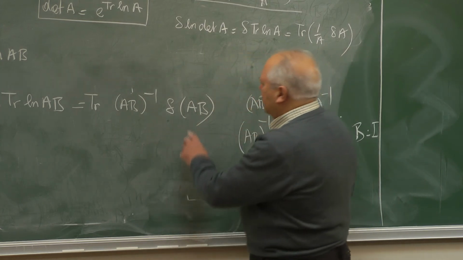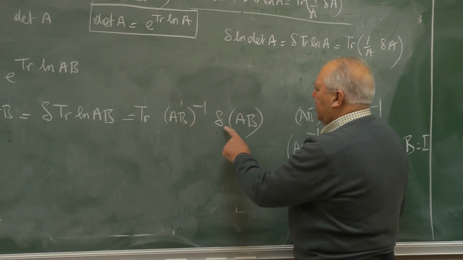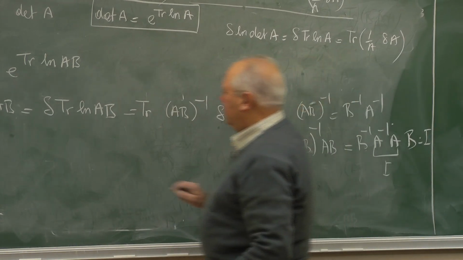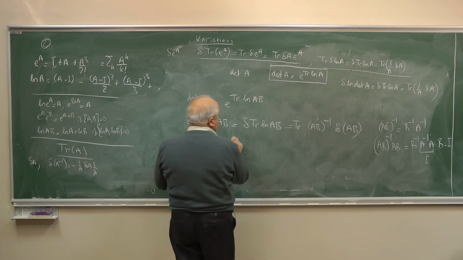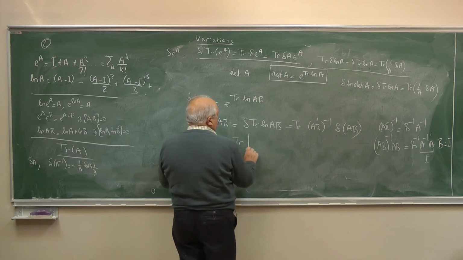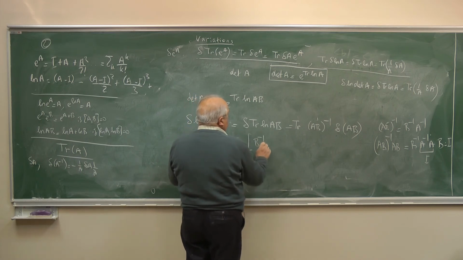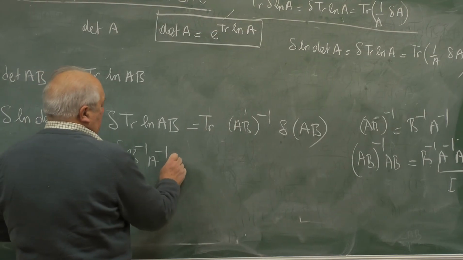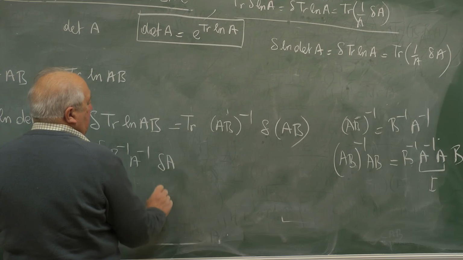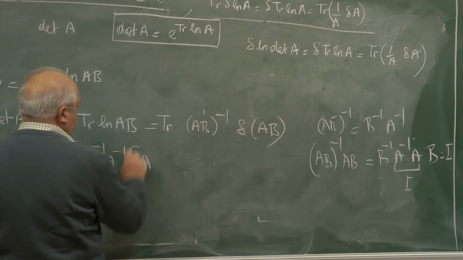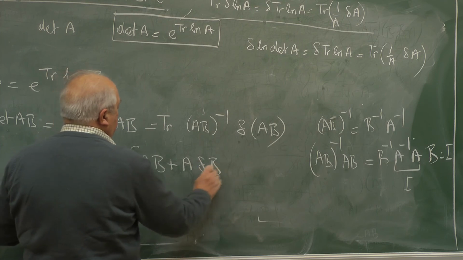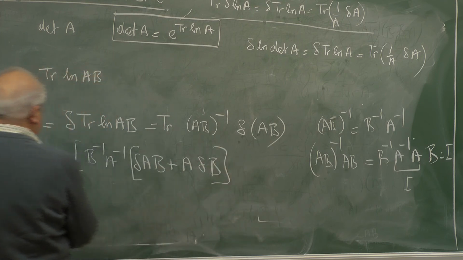This one, delta AB, is delta A times B plus A times delta B. So this is equal to trace B minus 1, A minus 1, delta A B plus A delta B. Let's take the trace.